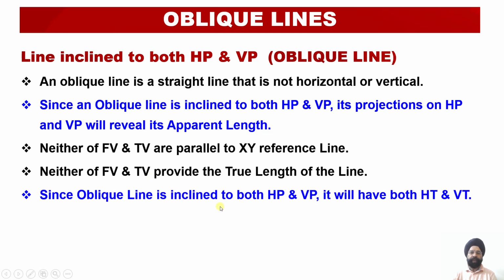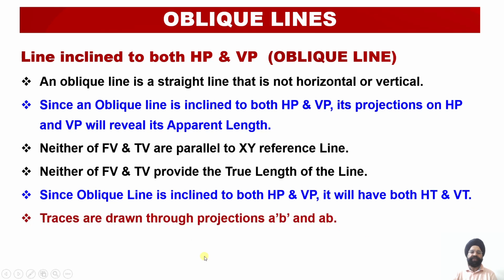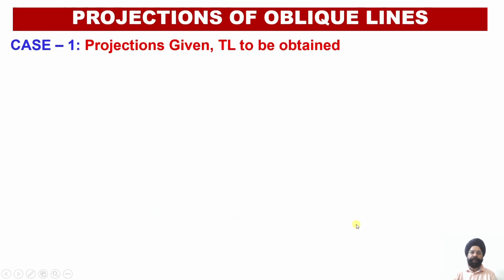And since an oblique line is inclined to both the horizontal plane and the vertical plane, it will have both the horizontal trace as well as the vertical trace, and these traces will be drawn through the projection lines, that is A dash B dash and AB respectively.